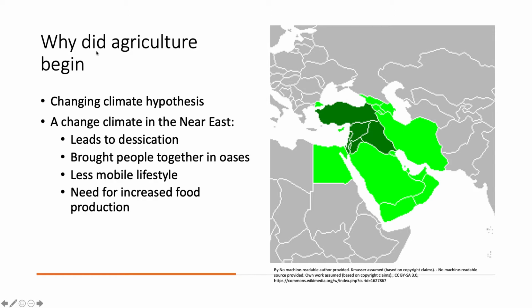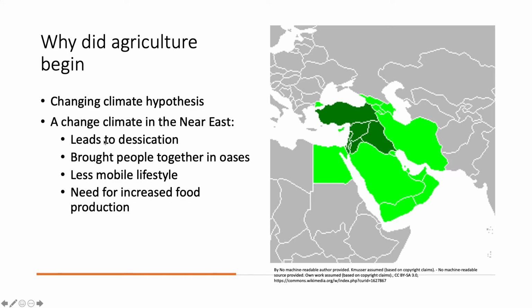Now, one of the reasons they link to answer the question of why agriculture began is the changing climate hypothesis. As the name implies, there was a change in the climate in the Near East. The Near East refers to the Middle East, where the Fertile Crescent used to be, or some parts of it.